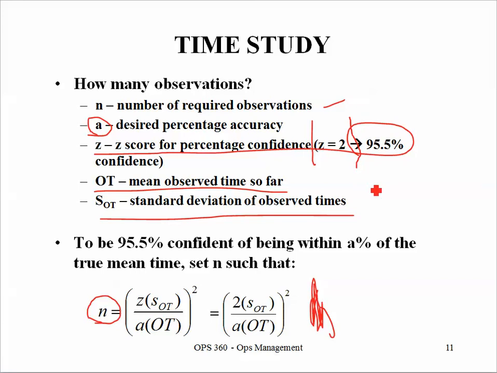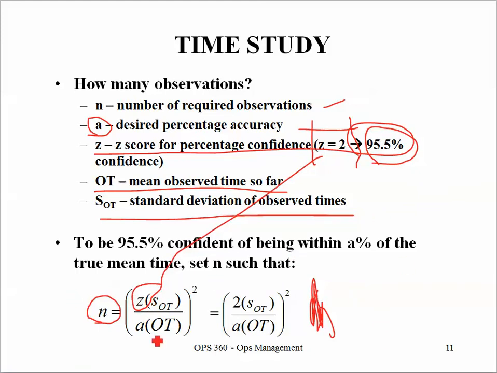I don't really want to do it at this point in the course. You've all had a statistics course, but I'll go into more of a review of z-scores when I talk about quality management later in the course, but for now we'll just accept it as magic. If I want a 95.5% confidence level in the estimate, that implies a z-score of 2. That's going to appear here in this formula.